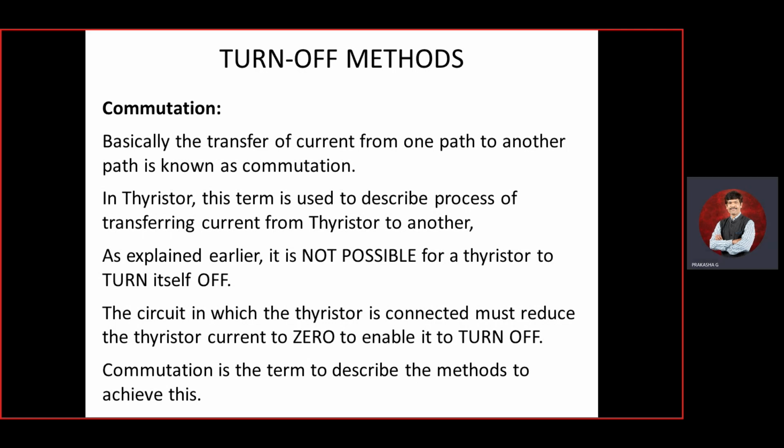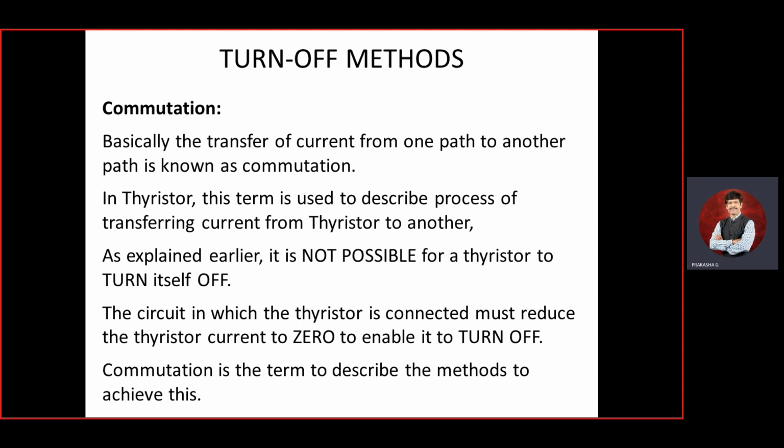Initially, we have passed some gate current, so based on the gate current the thyristor is switched on, triggered, or what we can call the firing angle. If you use one more circuit, it will ensure that the thyristor current is reduced to 0. Once the thyristor current is reduced to 0, your thyristor is going to be in the turn off status. Commutation is the term to describe the methods to achieve this.